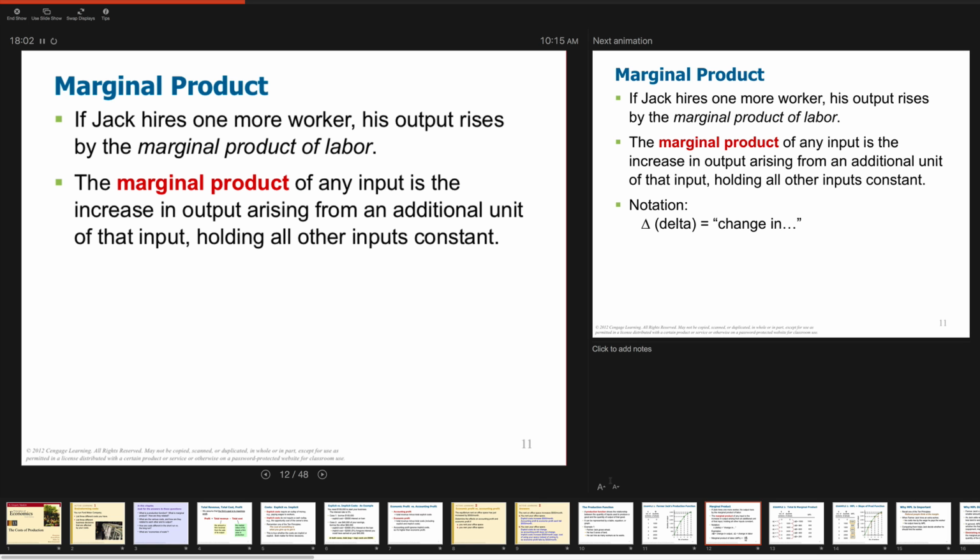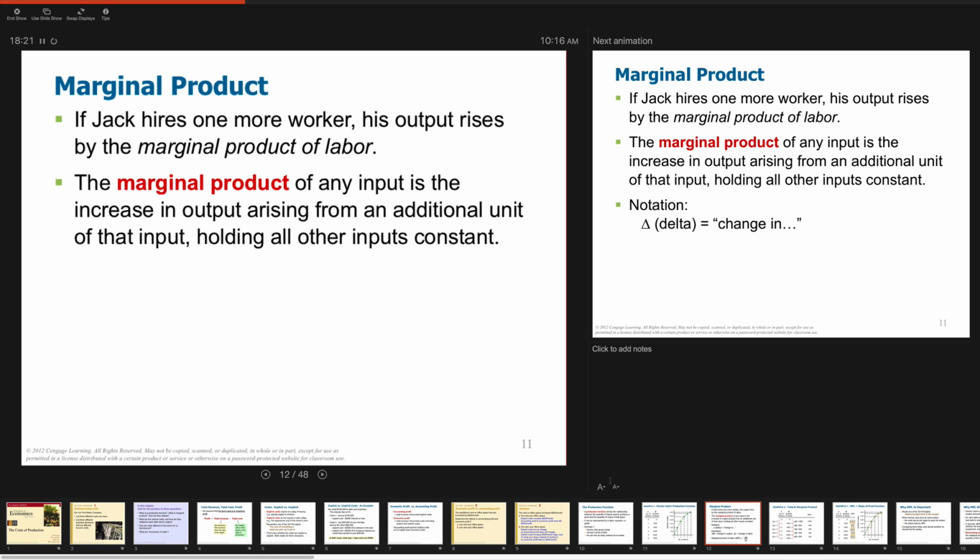Okay. It's the output arising from an additional unit of input. Marginal product is the output you get from one additional unit of input. So a unit could be people or money.